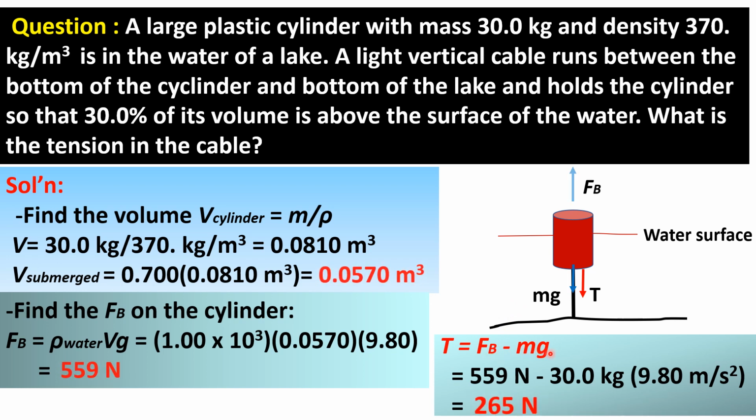Substituting the buoyant force, earlier determined as 559 newtons, minus the product of the mass of the cylinder, which is 30.0 kilogram, multiplied by 9.8 meter per second squared, we will get as the value for the tension force 265 newtons.